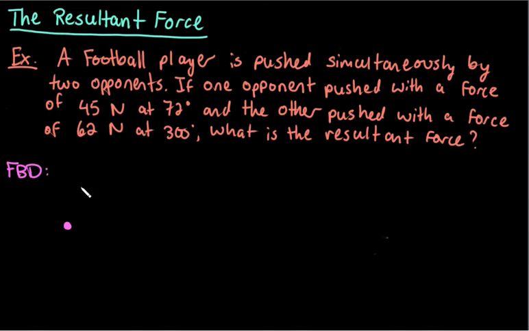Now, this is going to be a top-down view, all right? So this is the top of the football player's head, and we're looking at the forces that are acting on him being pushed parallel to the ground. So the first force is at 72 degrees, so about this right here.